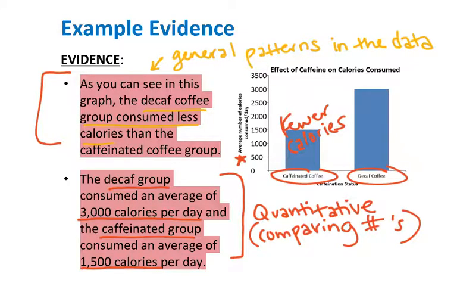So both of these pieces of evidence, the evidence that relies on patterns and the evidence that relies on comparing specific numbers from the graph, support our claim that drinking caffeine reduces your appetite.